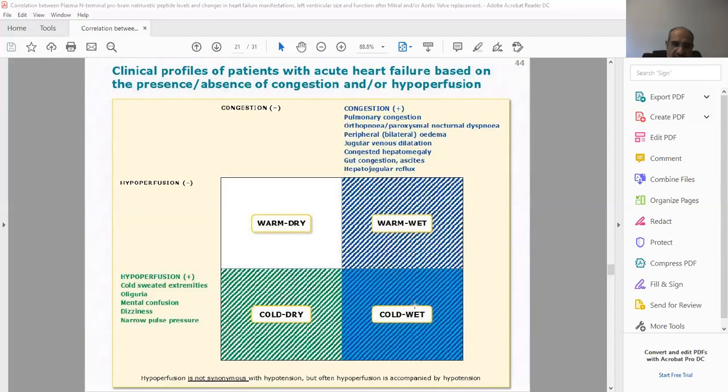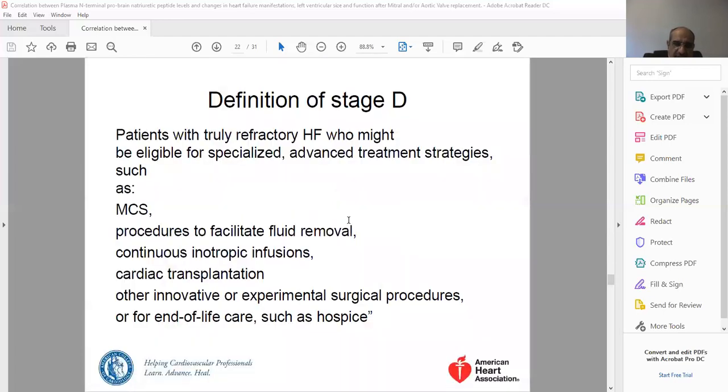A minority of patients will present as cold and wet. Those are the patients with cardiogenic shock. They are around 5% of the patients coming to the emergency room, hypotensive, hypoperfused, and they have volume overload. The cold and dry patients are patients who present mainly with hypovolemic shock, and warm and dry are patients who are stable in the chronic heart failure setting.